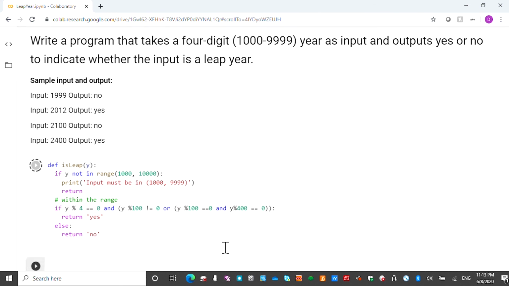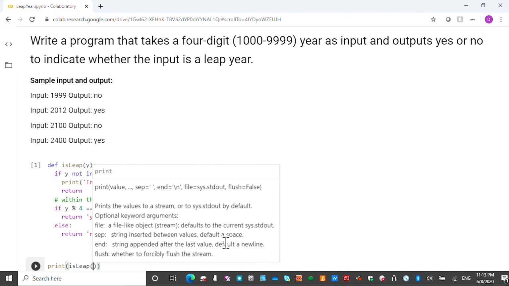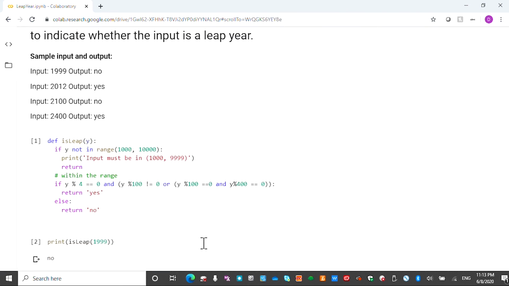Okay, so again, try to run. After that we can test it out. We can print is_leap, and I give a number, say 1999, and run it. It said no. And then we can try 2012.